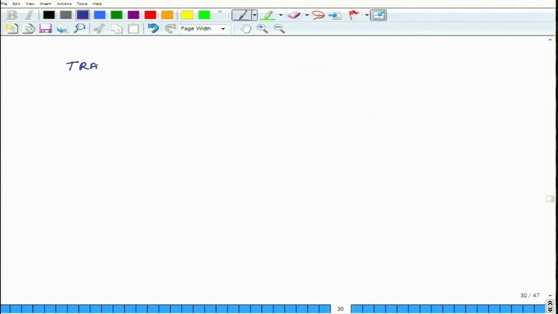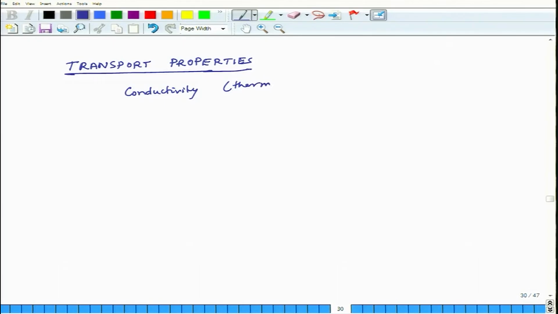The next set of relations will be related to transport properties. In this I will cite a general relation, and that relation will be valid for all transport properties. So, what are these transport properties? Conductivity, both thermal and electric.